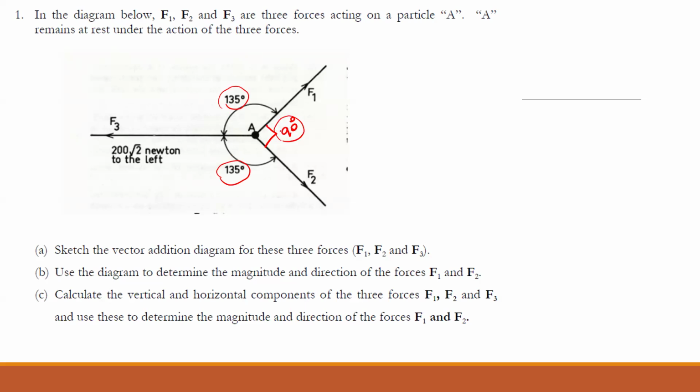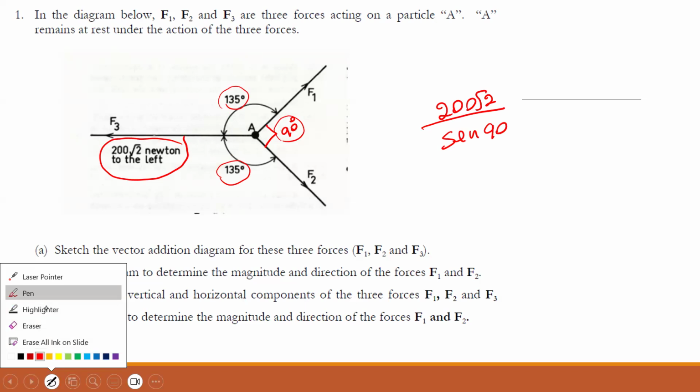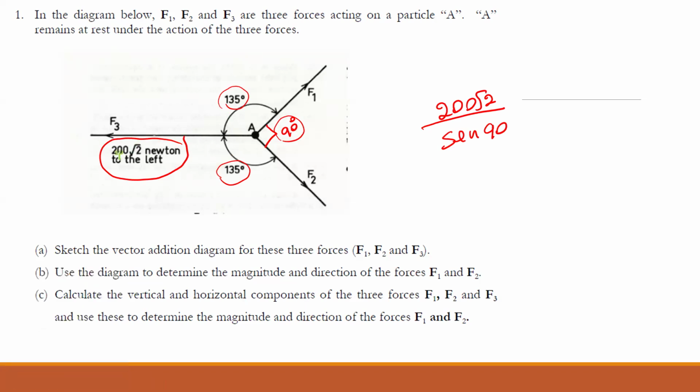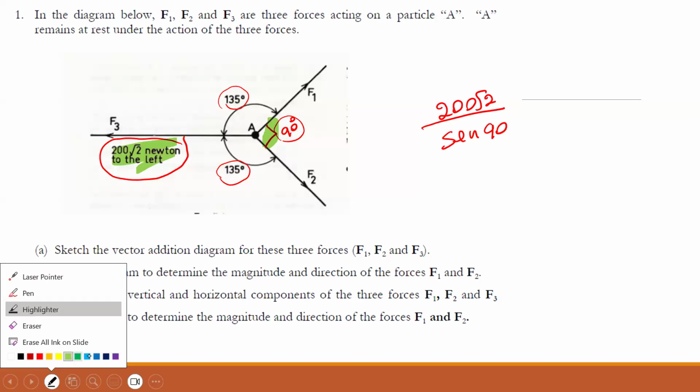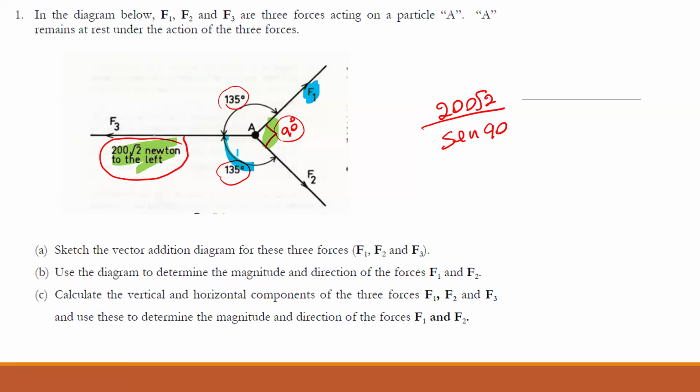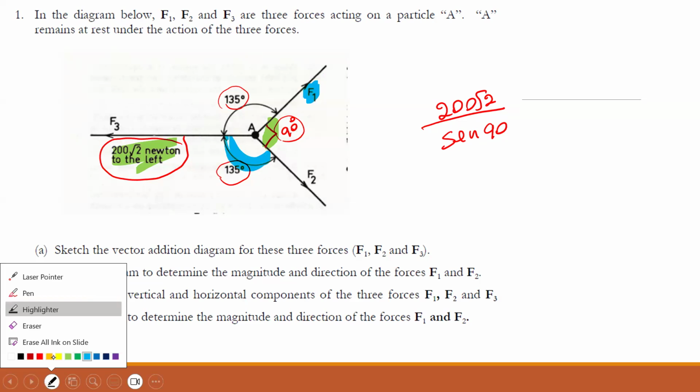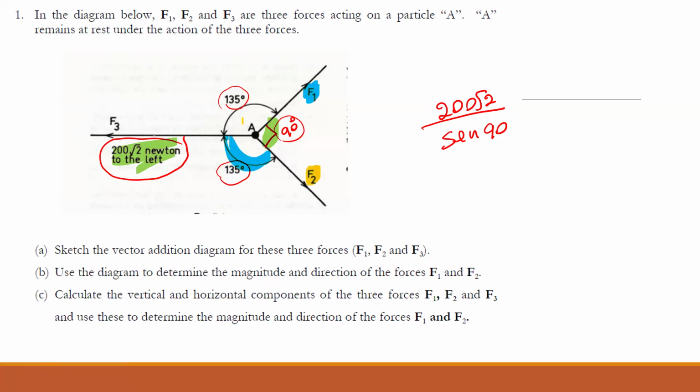Without drawing the vector diagram, you can apply the sine rule for this diagram as it is. So how do we do it? This force here, 200 root 2 divided by sine 90. Sine 90 means this one, so this force divided by the opposite angle. And this force divided by this angle is equal to this force divided by this angle.